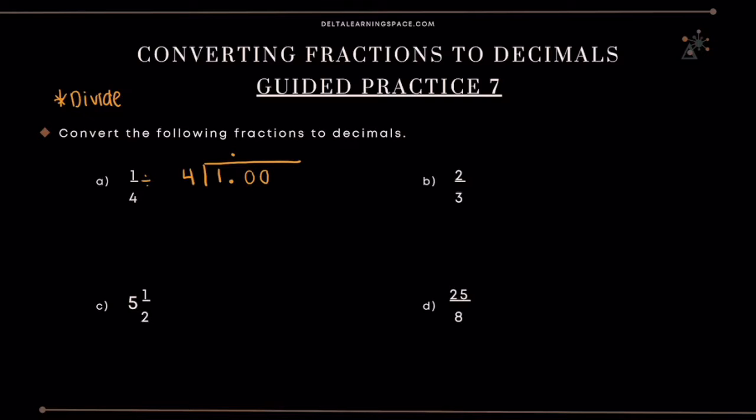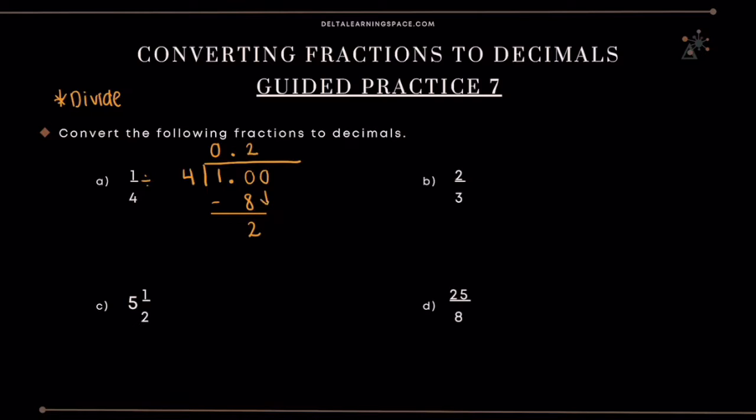I look and see how many times can 4 go into 1, and it can't. And so I'm just going to put a placeholder 0. 4 goes into 10 2 times. And I'm going to treat this number like a 10, not 1.0. 10 minus 8 is 2.